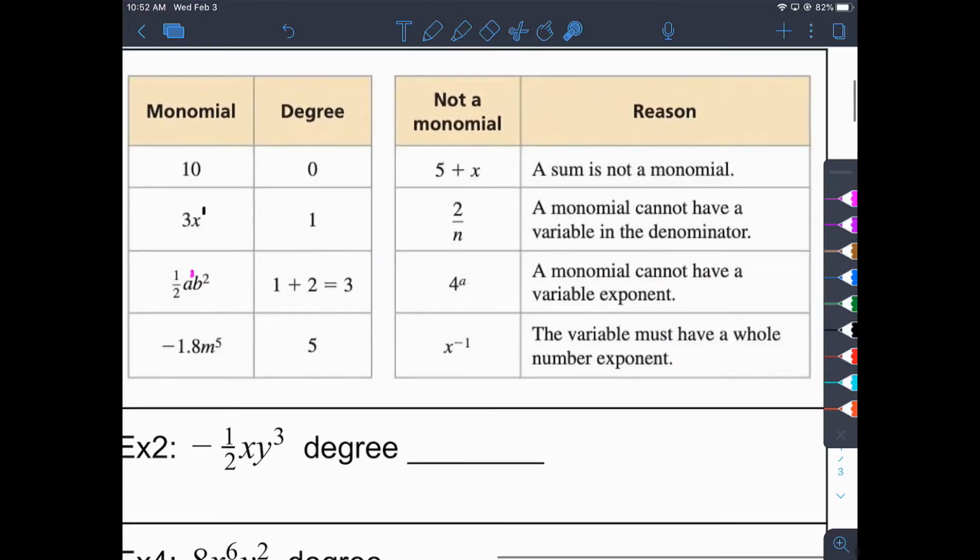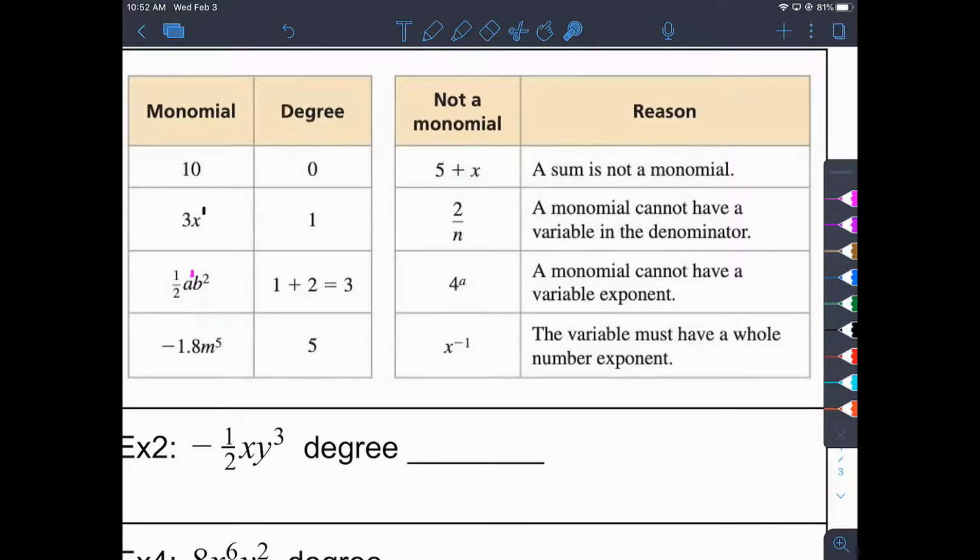It also points out a couple of ideas, what is and what is not a monomial, or rather why it's not a monomial. Notice the first one. 5 plus x is not a monomial. What's the reason? Well, a sum is not a monomial. I have an addition sign happening. So a sum, the addition of 2 different terms, is not a monomial.